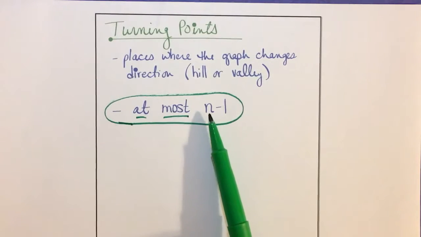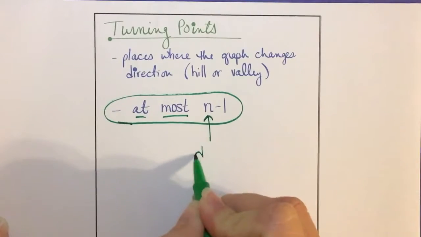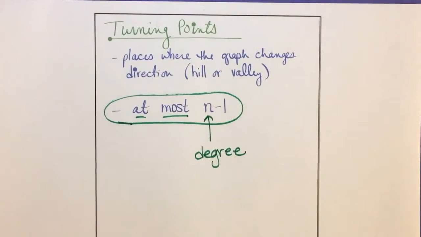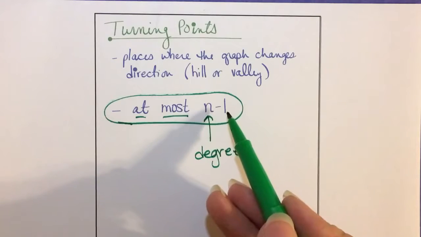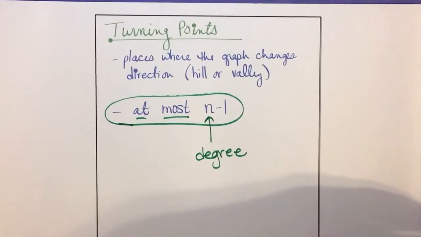Now, if you remember, they're using the letter n to represent the degree of the polynomial. If you remember, that's just simply the largest exponent with these polynomials. So if your largest exponent's a 3, you would say 3 minus 1, so therefore you would have at most 2, okay? So we'll be using that in just a little bit when you're asked about turning points.